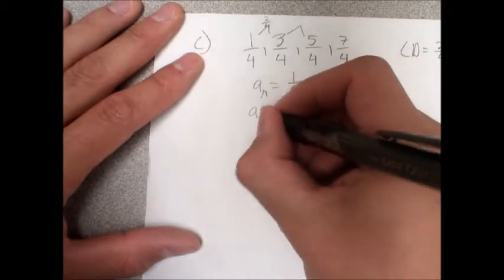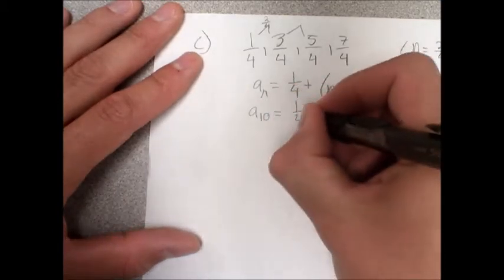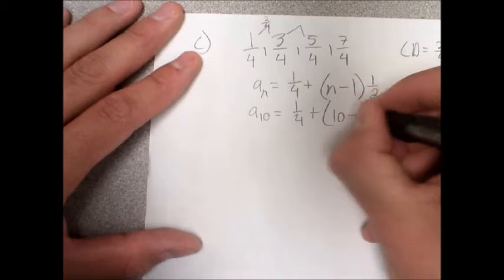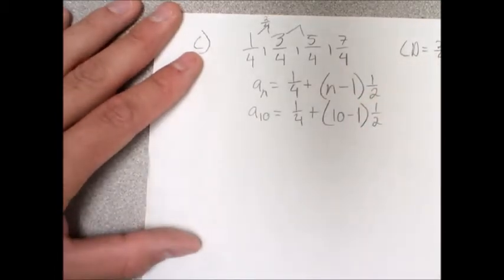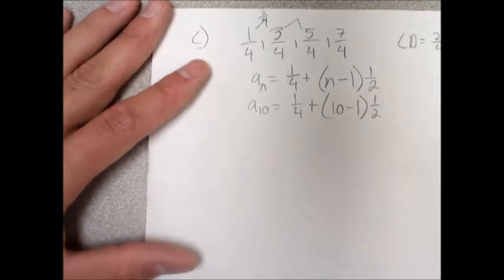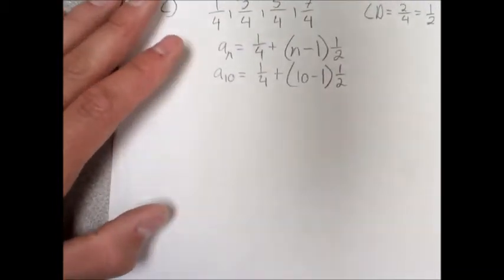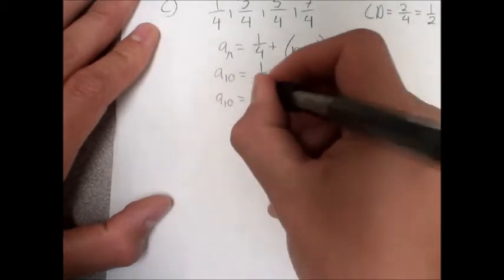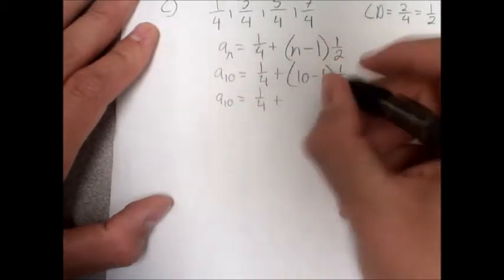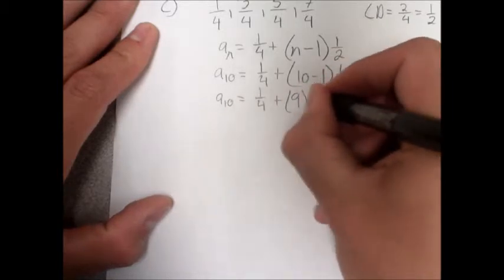So a sub 10 is equal to 1/4 plus 10 minus 1 again. And when you write that down, obviously you can just write down 9. I think y'all can all subtract 1 fairly well. So go ahead and do it. So a sub 10 equals 1/4 plus 9 multiplied by 1/2.